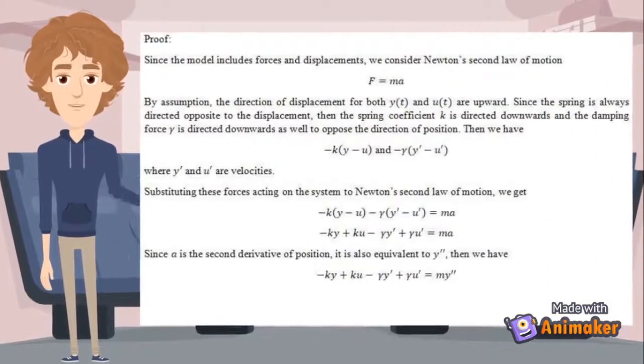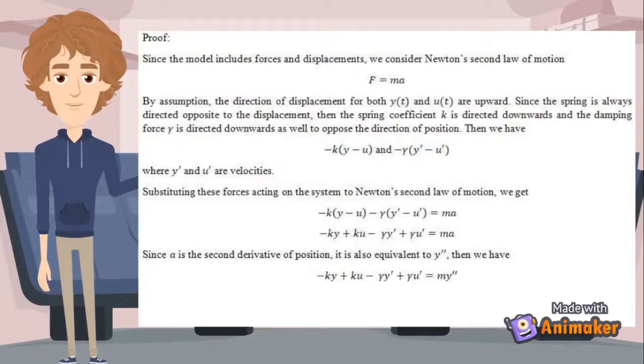Problem number 1. Since the model includes forces and displacements, we consider Newton's second law of motion, F is equal to m times a. By assumption, the directions of displacement for both y of t and u of t are upward. Since the spring force is always directed opposite to the displacement, the spring force is directed downwards, and the damping force is directed downwards as well to oppose the direction of motion.